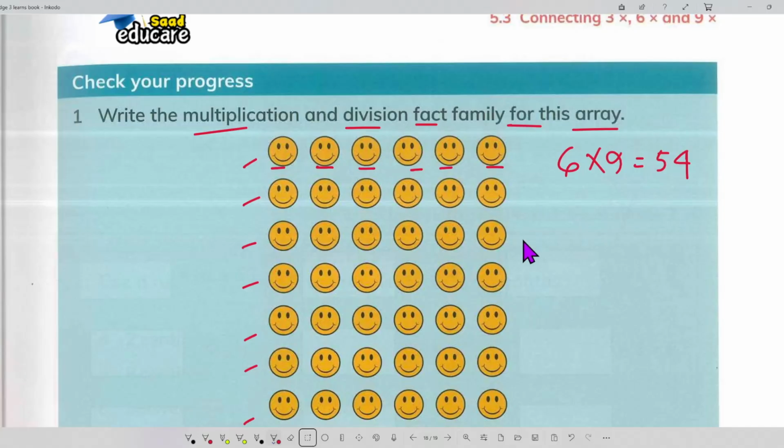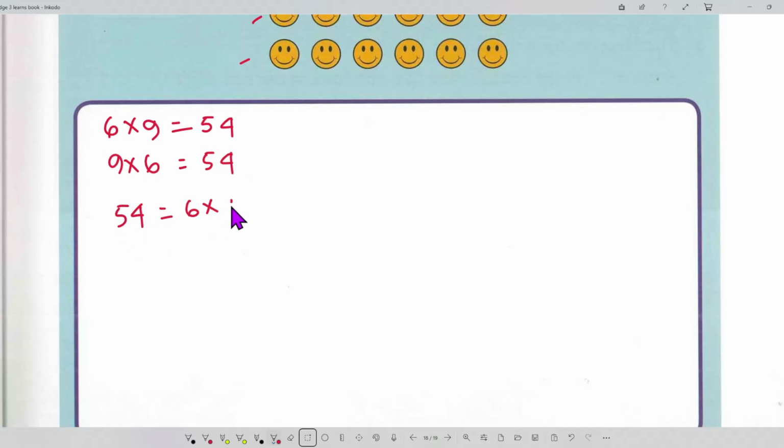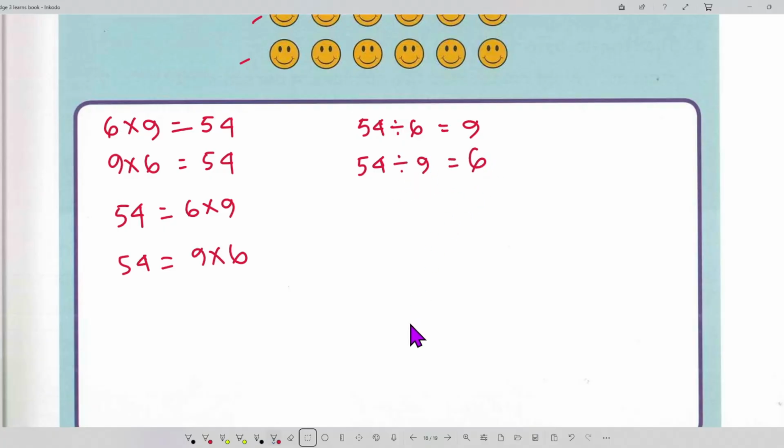So we have to make the fact family: 6 times 9 is 54, 9 times 6 is 54. 54 equals 6 times 9. 54 equals 9 times 6, a similar thing. 54 divided by 6 will be 9, 54 divided by 9 will be 6, right?